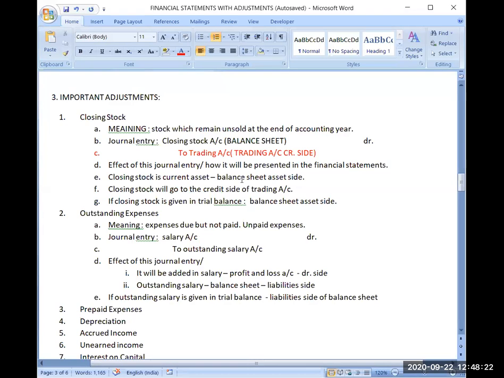Expenses will have a debit balance and revenues will have a credit balance. Very good. So salary is my expense, that's why it will have a debit balance, and I am again debiting the salary account. So due to this entry, will my salary expense increase or decrease? Yes, my salary expense will increase.